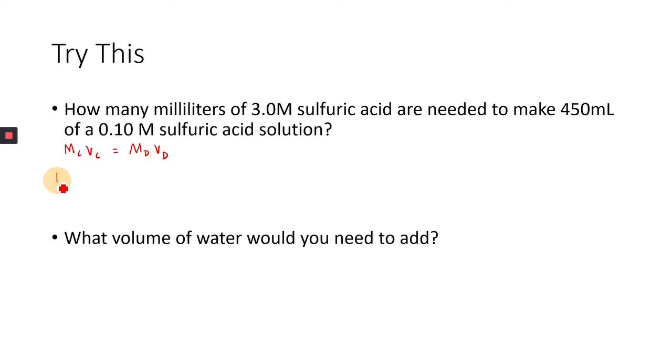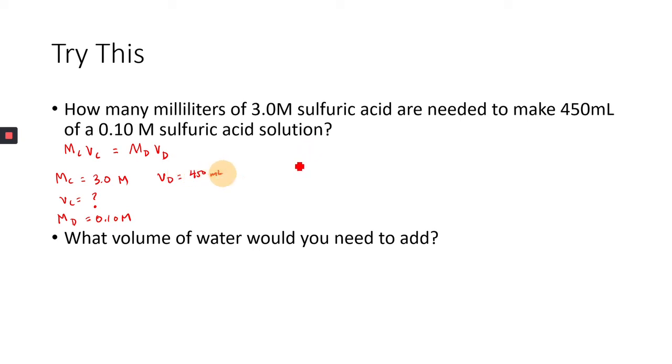So let's see, what is the molarity of our concentrated? It is 3.0 molar. The volume of our concentrated we don't know. The molarity of our diluted is 0.10 molar, and the volume of our diluted is 450 milliliters.